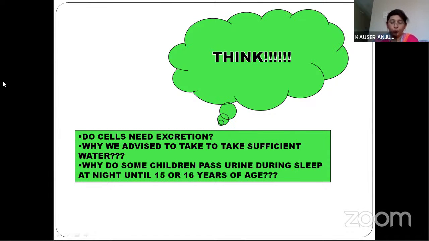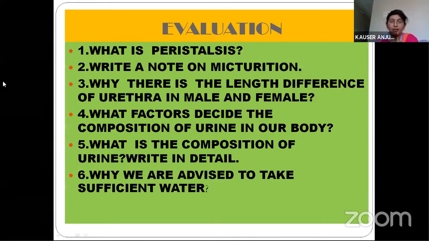Next, now it is a final thing, that is evaluation time. So here the tools which we require to evaluate ourselves are the questions. So here the first question is, what is peristalsis? Peristalsis is nothing but wave-like movements seen in our body parts or a few of our body parts.